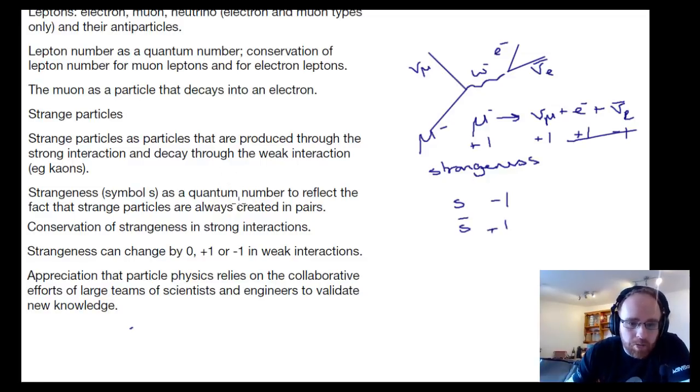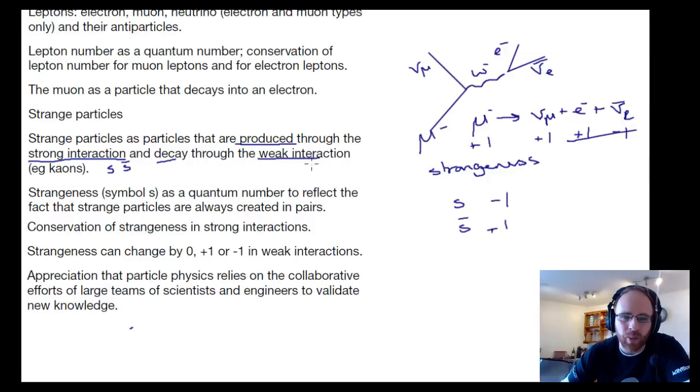Anyway, we were talking about strangeness. So strangeness is strange in that a strange particle has -1 strangeness and an anti-strange particle has a +1 strangeness. Strange particles are particles that are produced through the strong interaction and decay through the weak. So strange particles are produced in strong interactions, but always produced in particle-antiparticle pairs, and decay is a weak interaction.